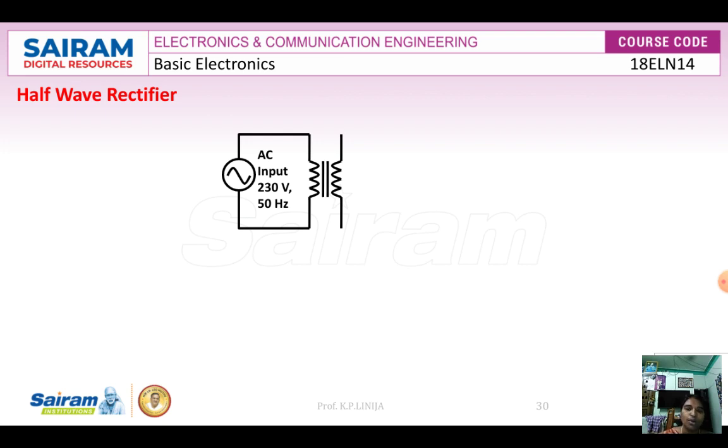Followed by this transformer, the circuit is built using a diode, represented by D. The other end of the diode is connected to the load resistance, represented by RL. One end of the transformer and the other end of the resistor are connected.